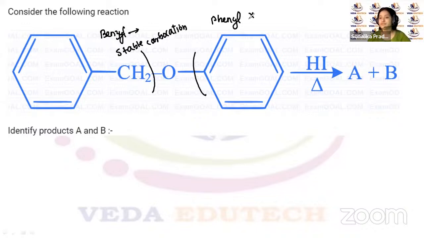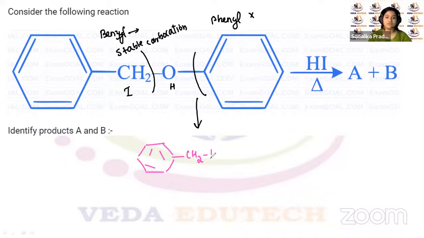So the one which can form a stable carbocation gets I, and this part is going to get H. So what is going to be A plus B? C6H5CH2I plus phenol. This is going to be the correct answer. I hope everyone understood this. Let us move on to the next question.